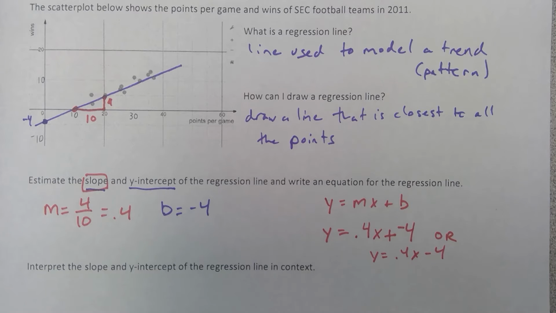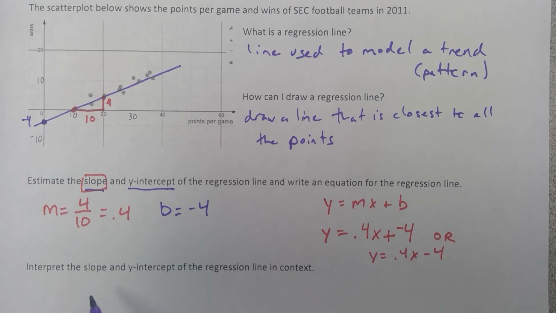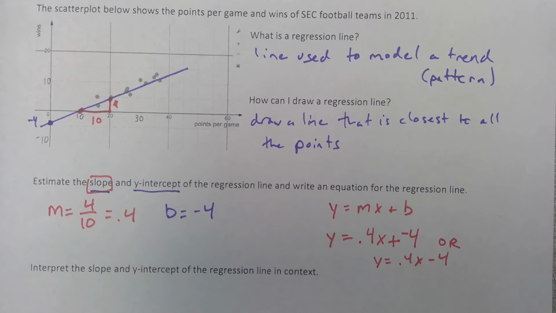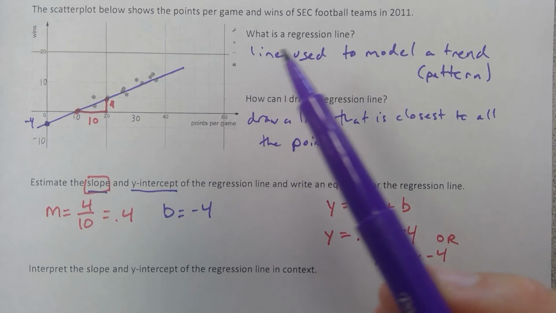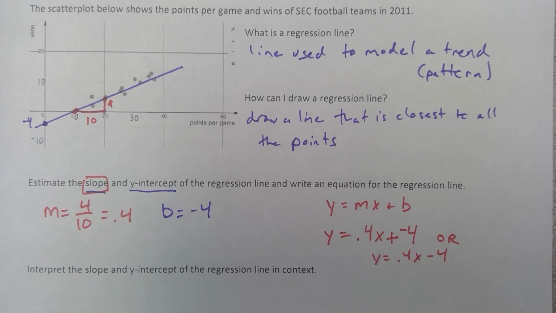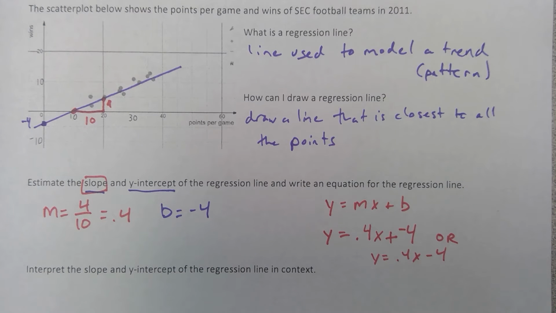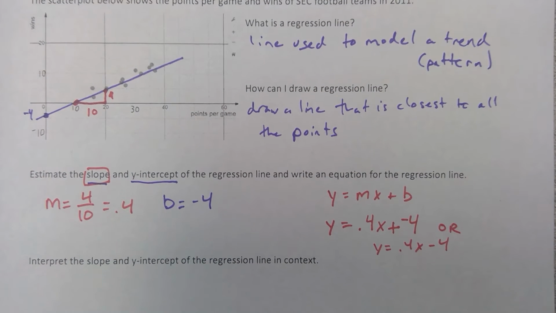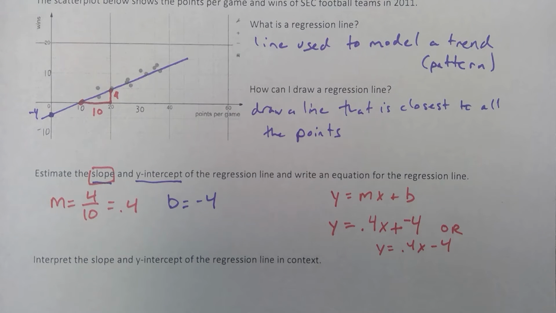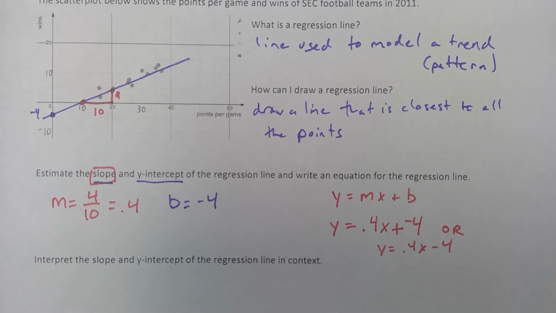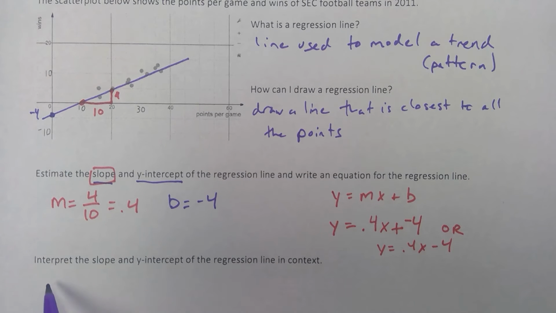Whenever we do a regression line, we're always doing modeling, so there's a context going on, and we have to do that interpretation piece. First off, what is our context? We're looking at points per game and wins of SEC football teams in 2011. If we're interpreting the slope, our x values are points and our y values are wins.